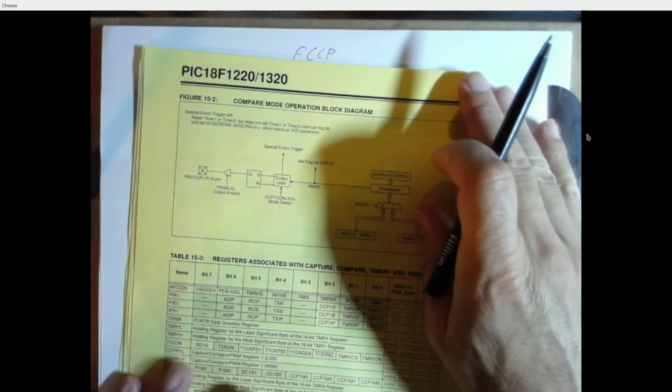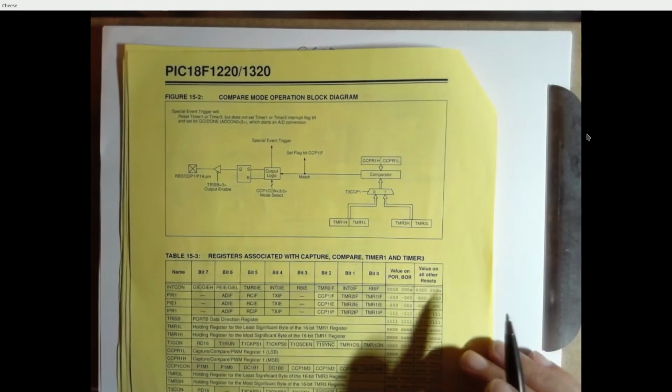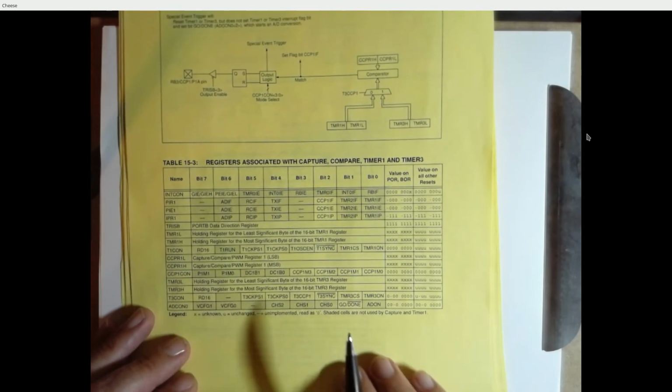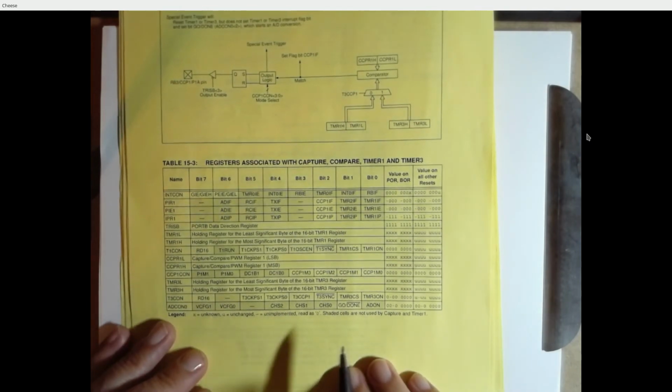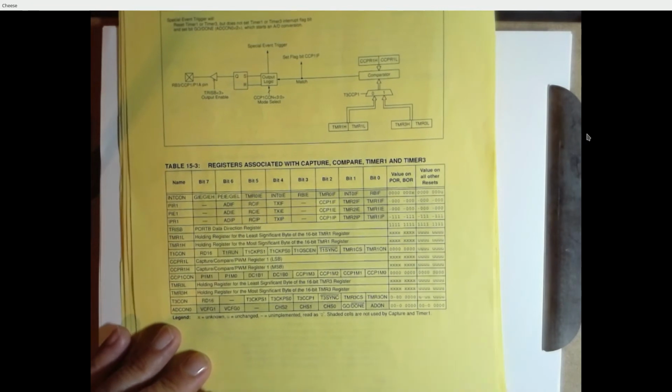So we set this CCP1CON register up like this. Now CCP1CON builds on top of timer 2, so we need to use timer 2 and look at the PR2 register.